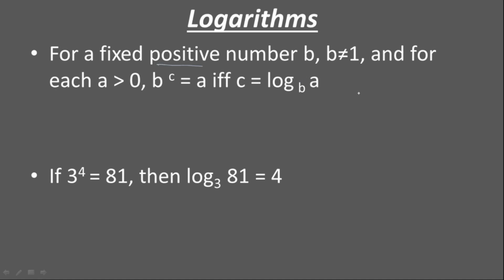From your grade 9 lesson or from previous lessons, we have seen the exponential statement, like a to the power of x is equal to, let's say, b, where a is called the base, x is the exponent, and b is said to be the product or the final number.